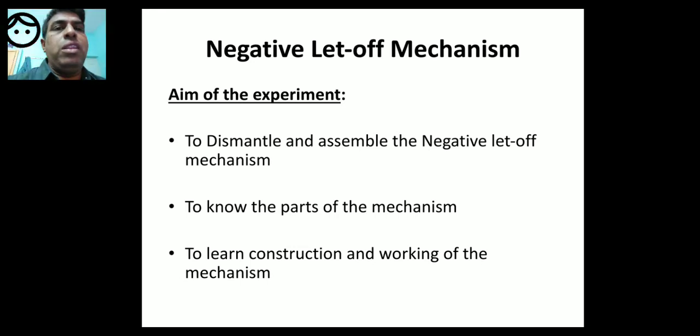One more definition: the warp is fed from the weaver's beam to the shedding area at a constant rate and at a uniform tension into the weaving area. So these three are definitions of let off mechanism. Only the verbs change: delivered, released, fed. Other than that, all the definitions are the same.